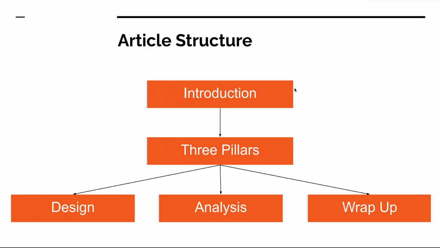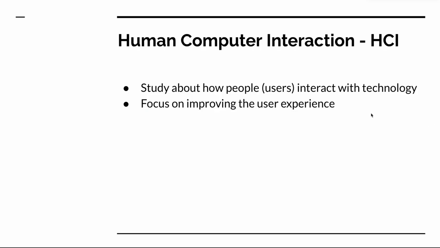And then we'll get deeper into the three pillars of experimental design, concerning pretty much most of the experiments, not only human-computer interaction from my point of view. So let's dive into it.